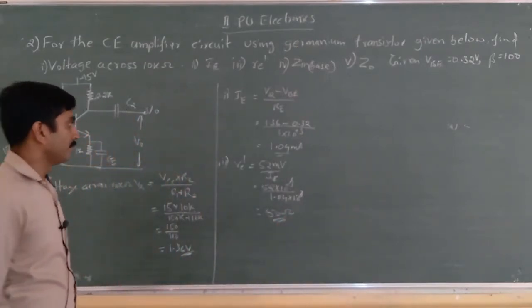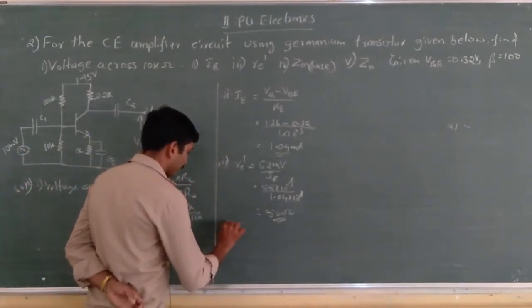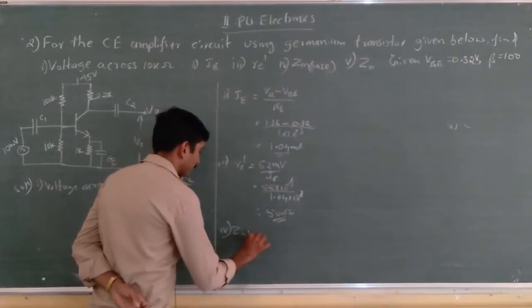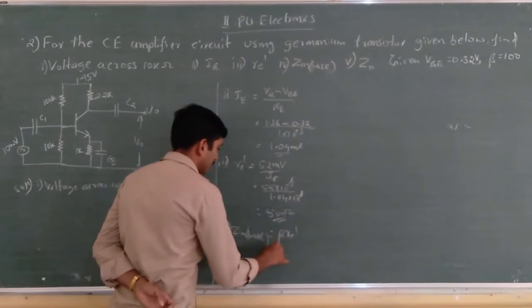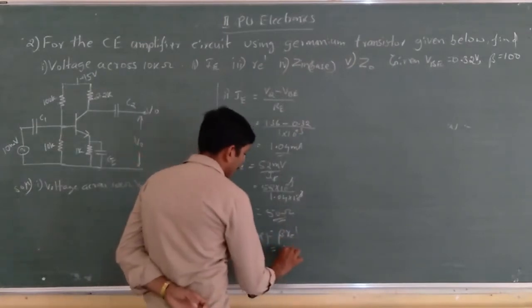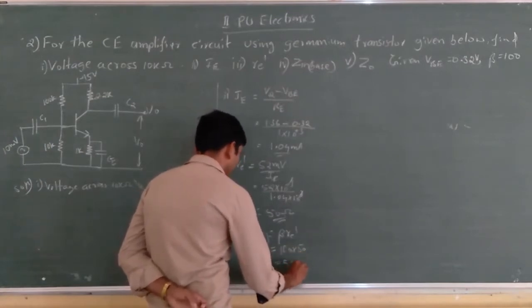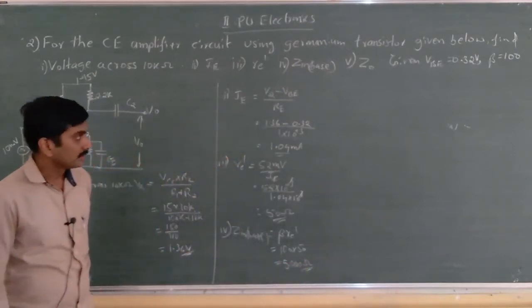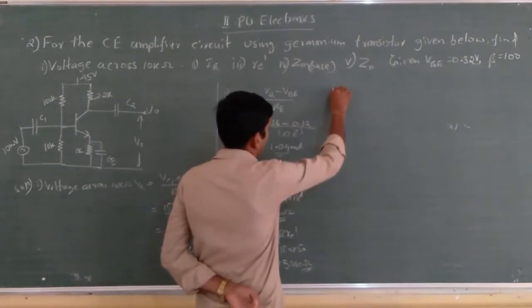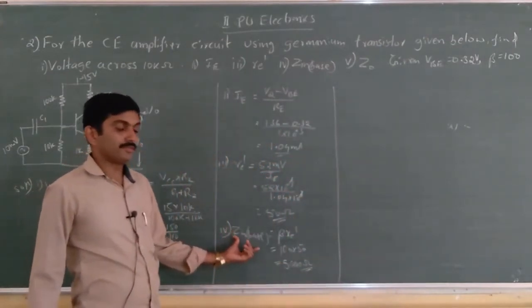So, RE dash is 50 ohm, and the fourth calculation is Z in base. Z in base is beta into RE dash. Beta is given 100 into 50 equal to 5 kilo ohm, 5000 ohm. Z in base.